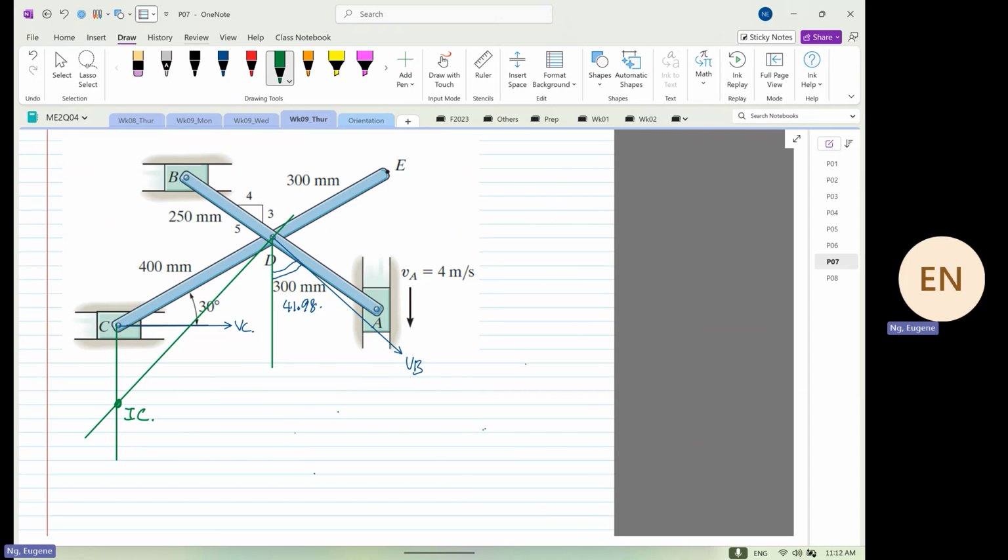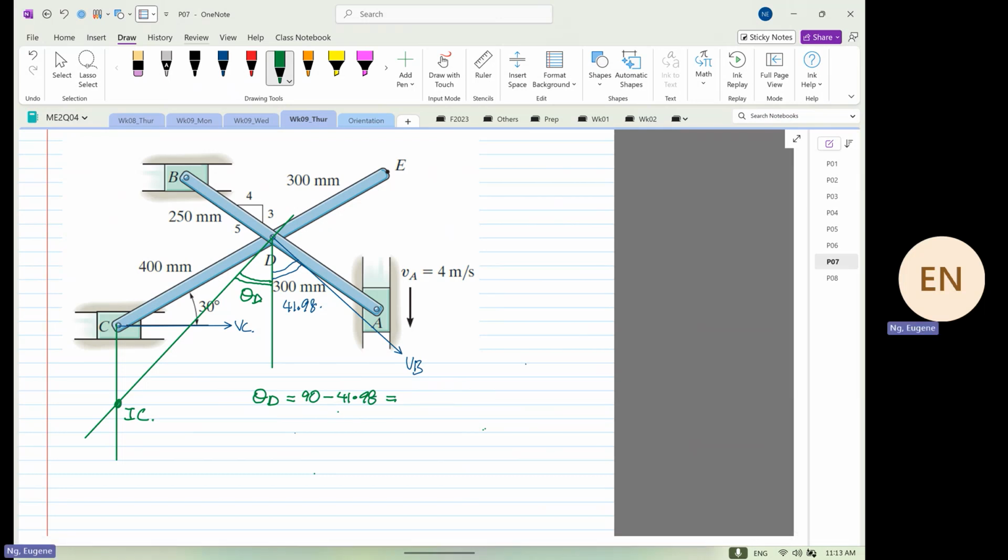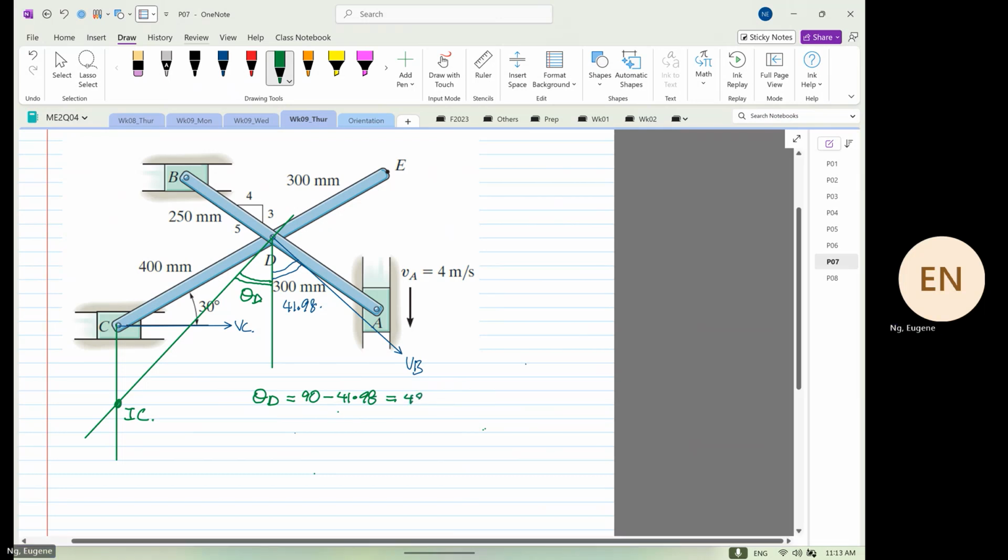With all these values over here, we know that this angle over here, I'm going to call this angle theta D. We know that theta D is equal to 90 minus 41.98, which is equal to 48.02 degrees.